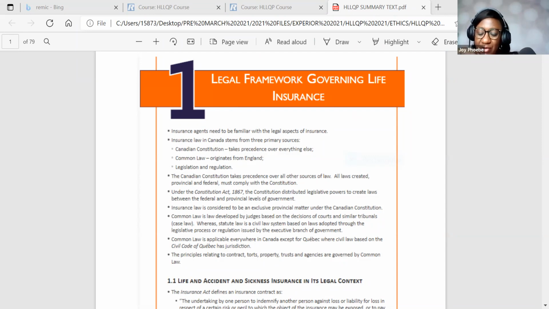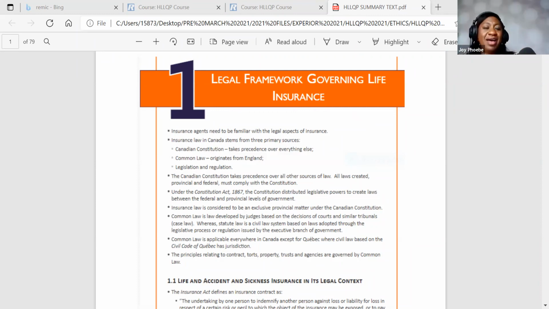However, under the law of Canadian common law jurisdictions, it is the insurer's tender of the policy which constitutes the offer, and the acceptance takes place only when the applicant decides to take or receive the policy. Okay, I'm going to pause right there.